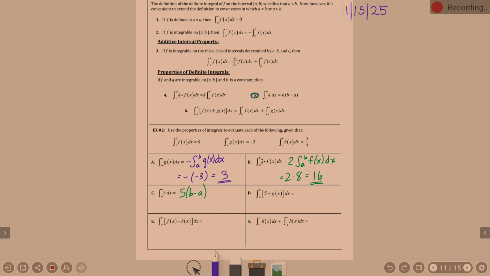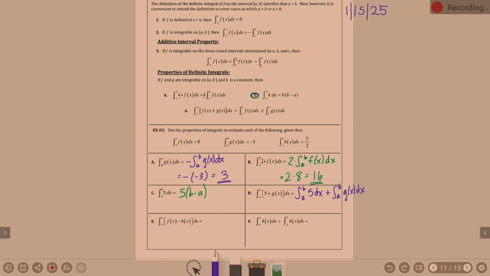So officially, this can be broken up into 2 separate integrals. So this can be the integral from a to b of 5 dx plus the integral from a to b of g of x dx. Okay, that's the official math that can happen. It's two terms being added. You can break that up into individual integrals.